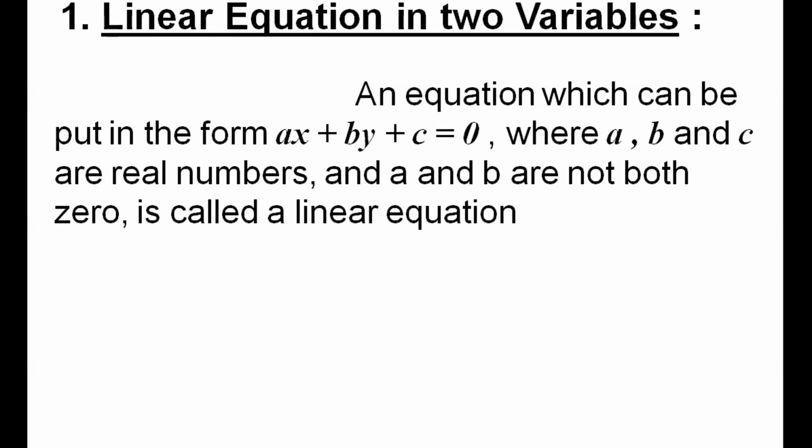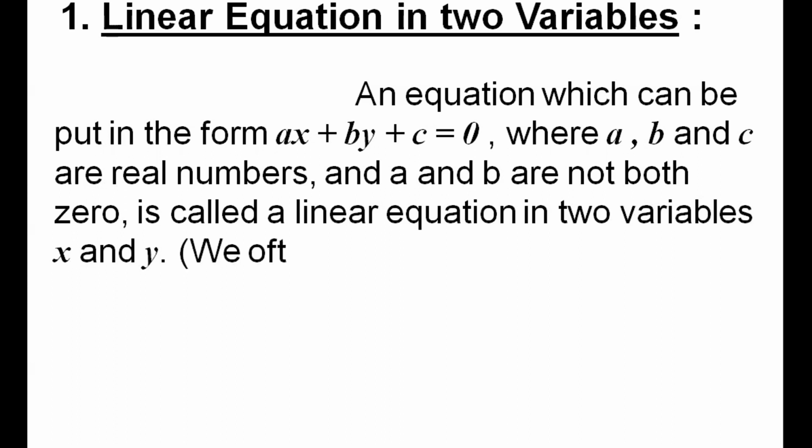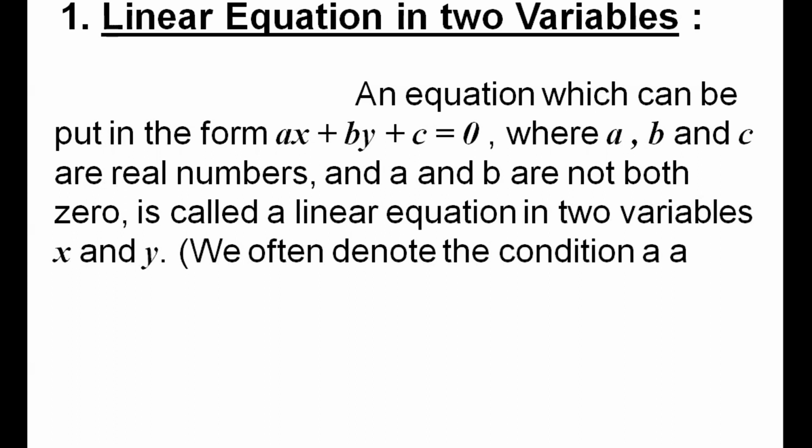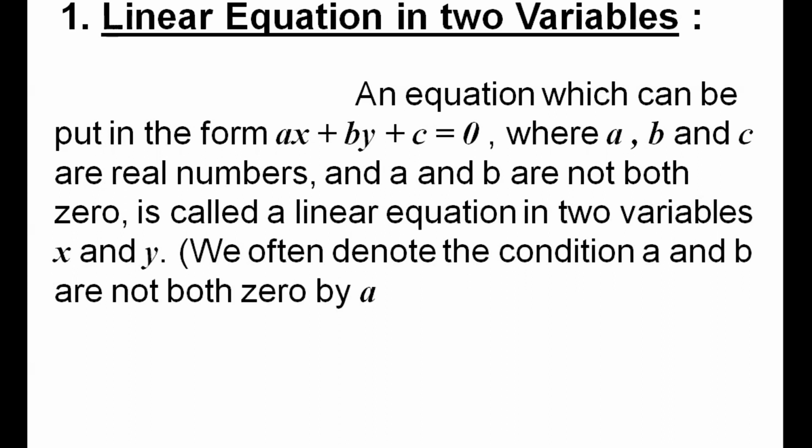Okay students, in this linear equation in two variables, the variables are x and y, and we denote that a and b should not both be 0, like this would be a condition. With the condition, the relation between a and b, that is a square plus b square is not equals to 0.